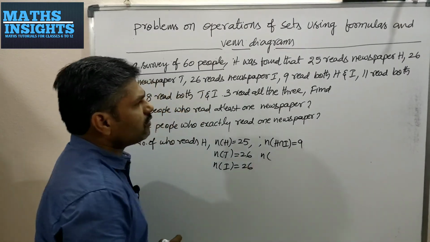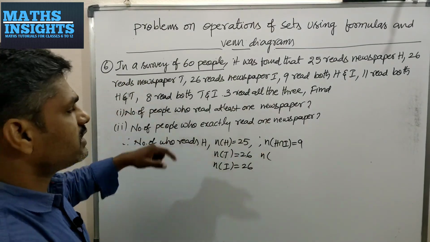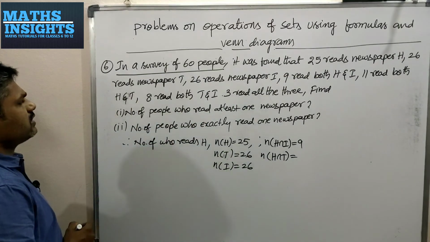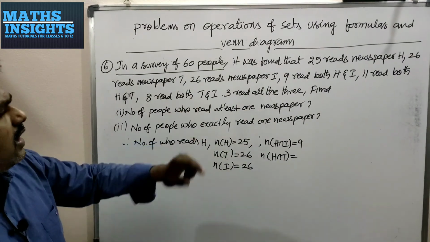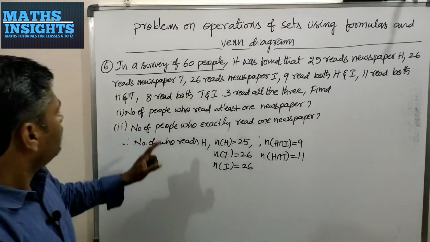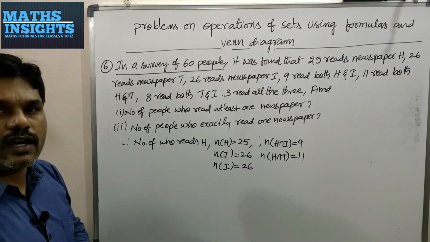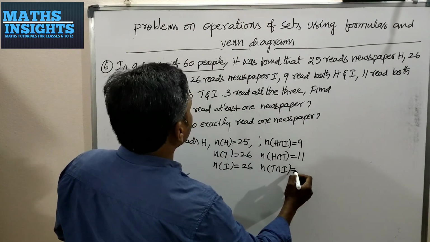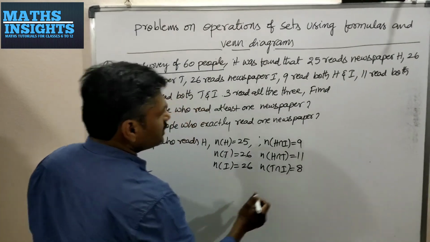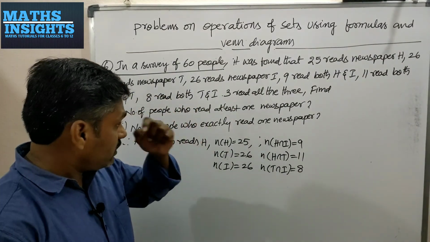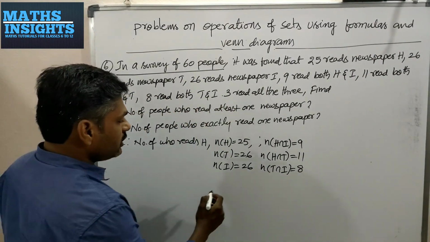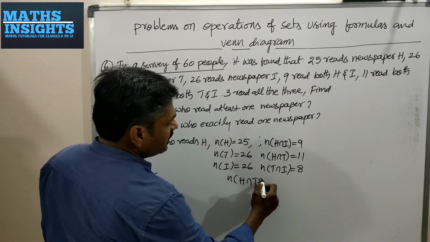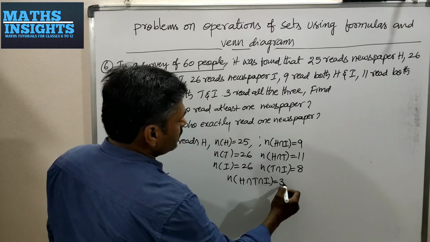Similarly, 11 read both H and T. Both means intersection, so I am writing with intersection. What is that number? 11. And finally, you have 8 read both T and I. Therefore, I will write n(T ∩ I) is equal to 8, and also they have given that 3 read all the 3. That means n(H ∩ T ∩ I) is equal to 3.